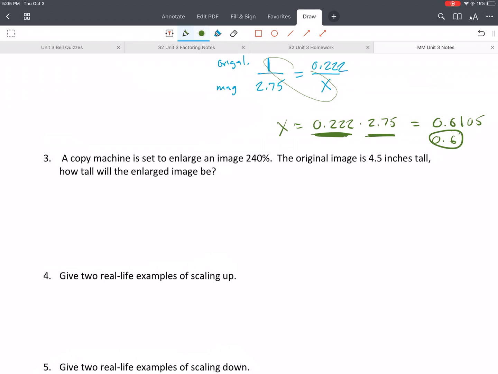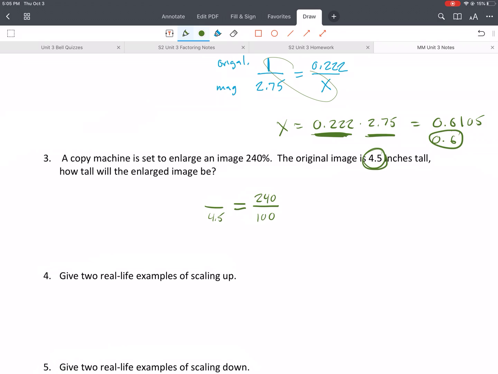We could do percentages, it's the same thing. Here we'd have our percentage, which is 240, and we have our 100. And this is our original, so this would be 4.5 on the bottom.